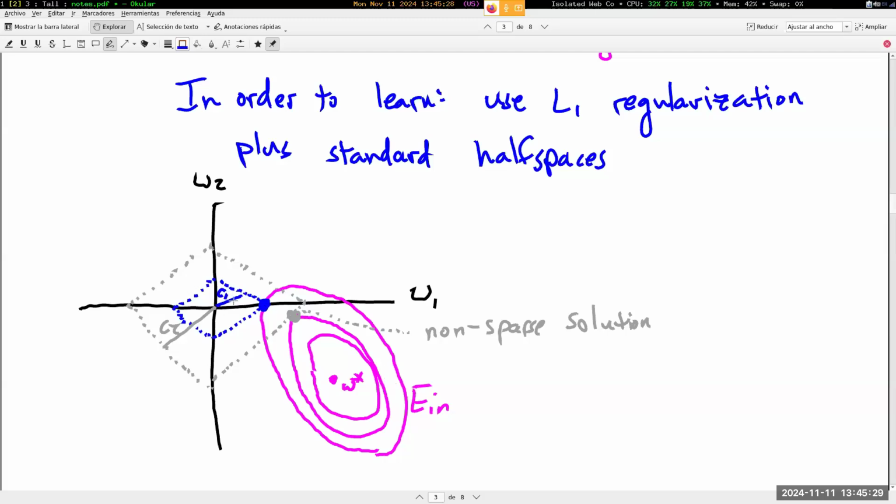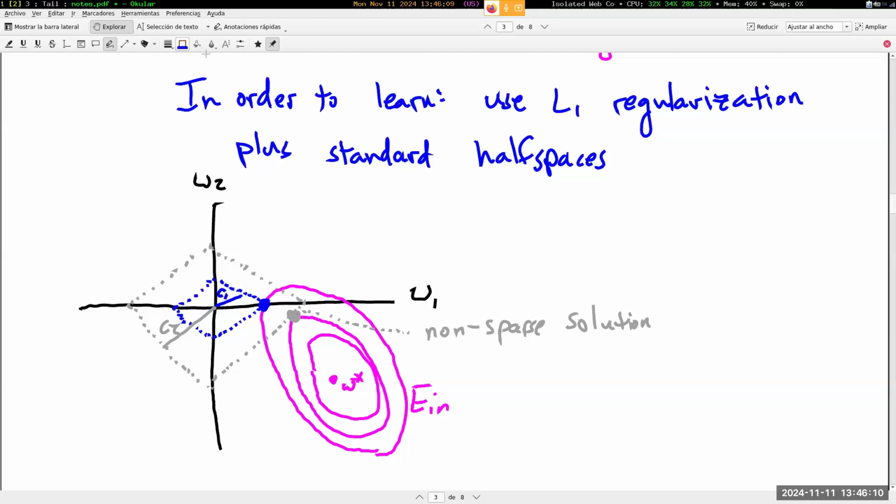At some point, when our C value, our regularization strength, shrinks to a small value, this radius shrinks to a small value, then this W2 parameter is no longer relevant at all for the prediction. We only consider the W1 parameter. And even if we didn't want to consider the W2 parameter, all of the hypotheses in this blue space over here that consider W2, meaning they are off the axis, they don't touch this black horizontal line, any one of those hypotheses in this blue space has a worse in-sample error than this hypothesis right here.